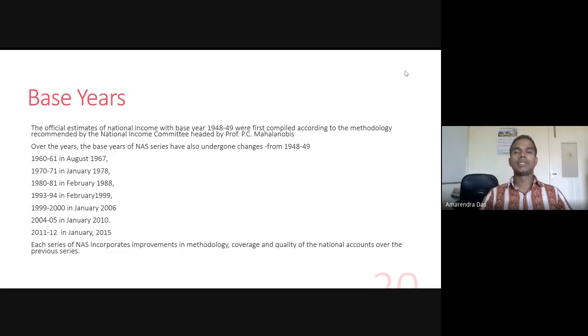So the present GDP that we are estimating uses a base year of 2011-12 to estimate the constant GDP or the real GDP. For a base year, you have to choose a normal year where there is no major fluctuation in output.